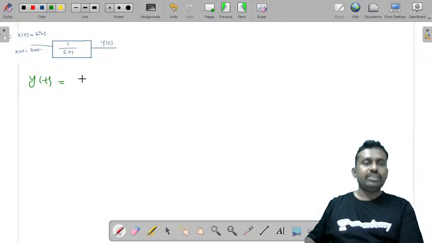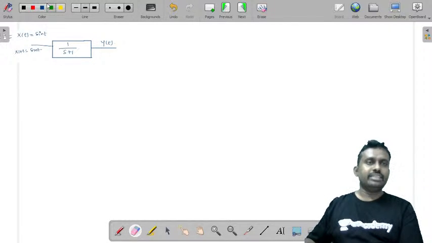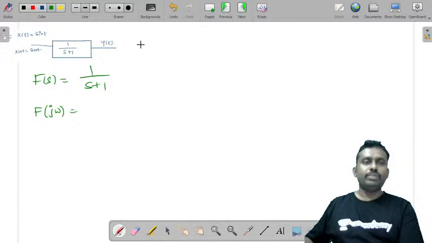So what is y of t? Y of t is the output and the function is f of t. And how do you find this? First let us consider the function f of s. This is a function f of s equal to 1 by s plus 1, and replace s with j omega.